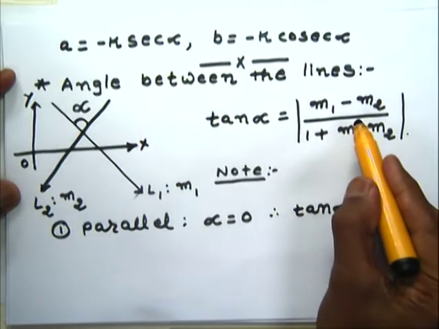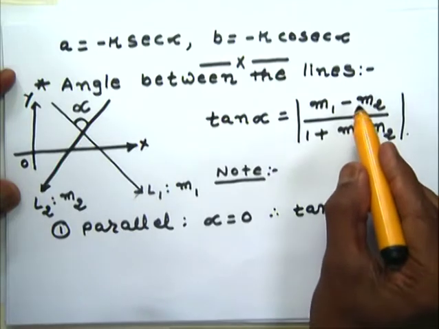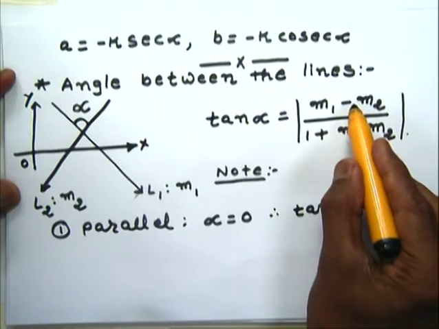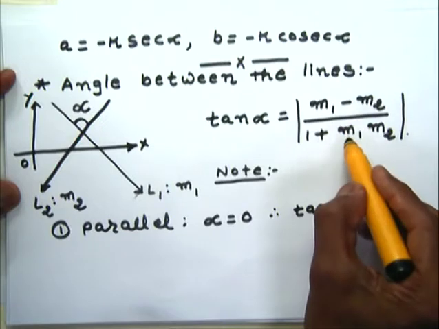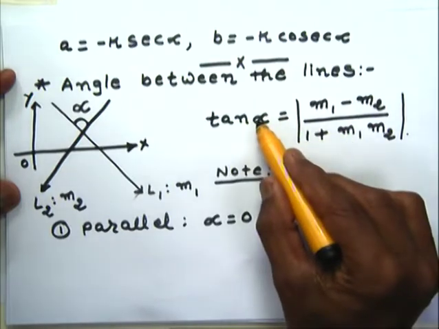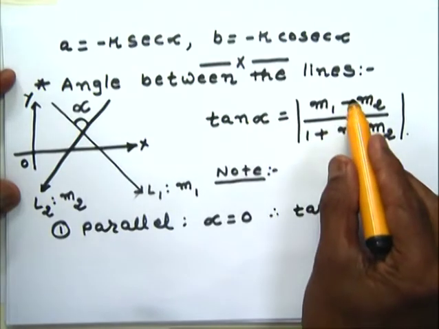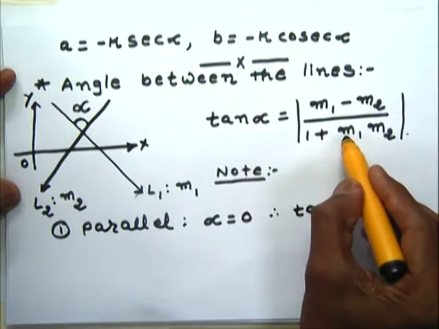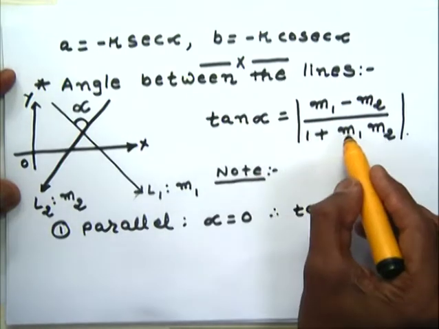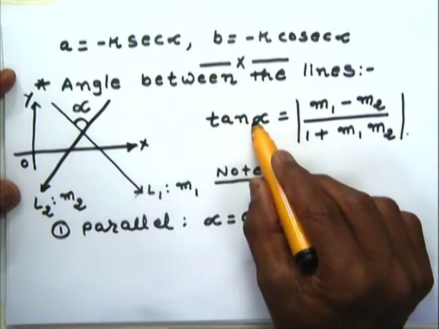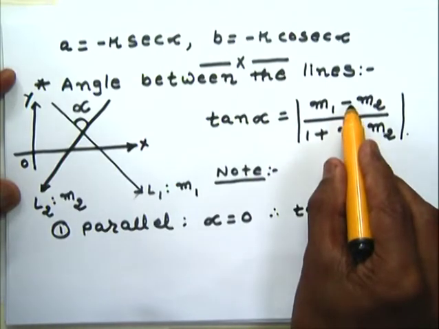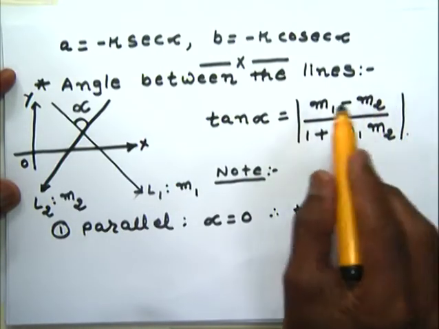So this formula takes the form something A upon B is equal to 0. Numerator by denominator equal to 0. On cross multiplication, we find that this numerator is 0.